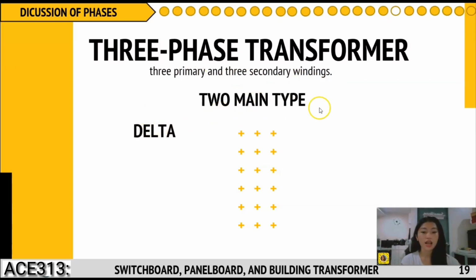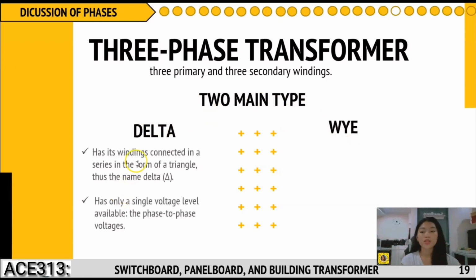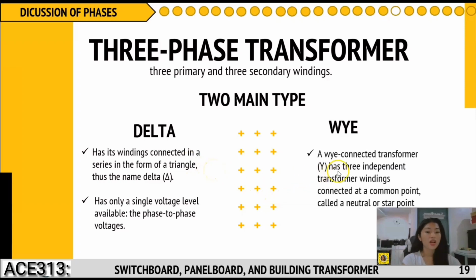First is the delta and second is the Y. Delta has its windings connected in series in the form of a triangle, thus the name delta, and has only a single voltage level available, the phase-to-phase voltage. While a Y connected transformer has three independent transformer windings connected at a common point called the neutral or star point.